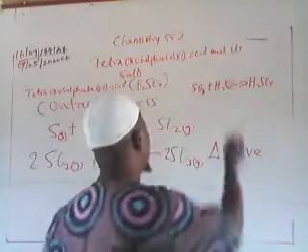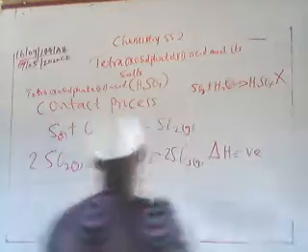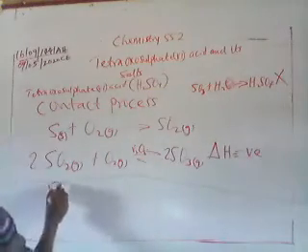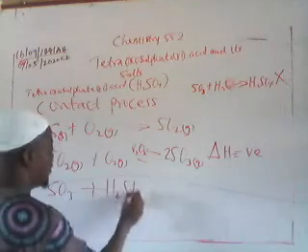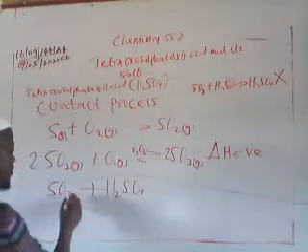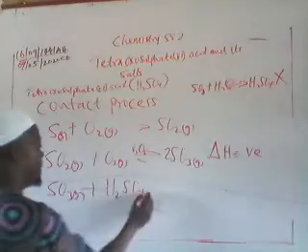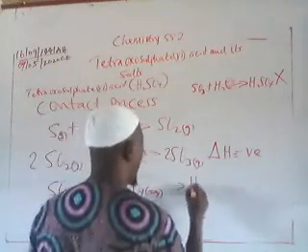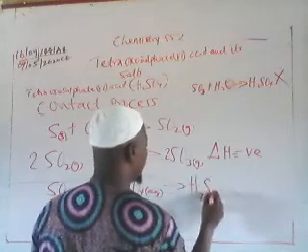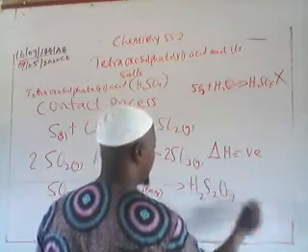So instead of dissolving it in water, sulfur(VI) oxide is dissolved in concentrated tetraoxosulphate(VI) acid to form another liquid, which is called oleum.